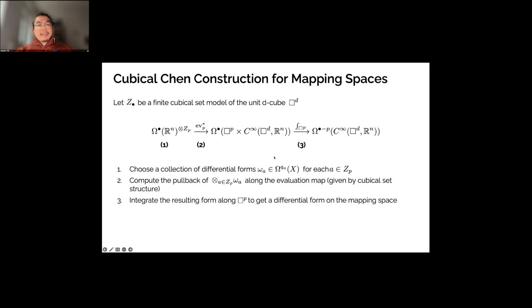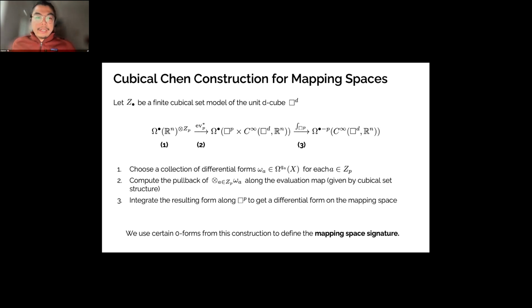And finally, now that we have a differential form on the p cube cross this mapping space, we can integrate along this p cube to get a differential form on the mapping space. And similar to the case of one dimension, we want to use certain 0 forms from this construction to define the mapping space signature.